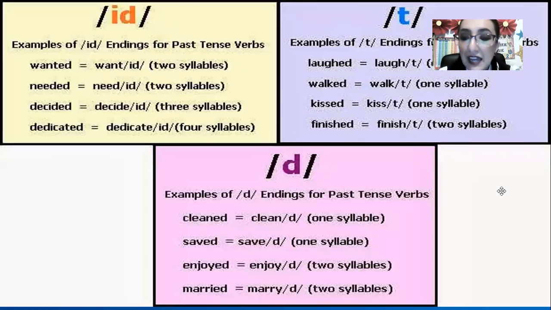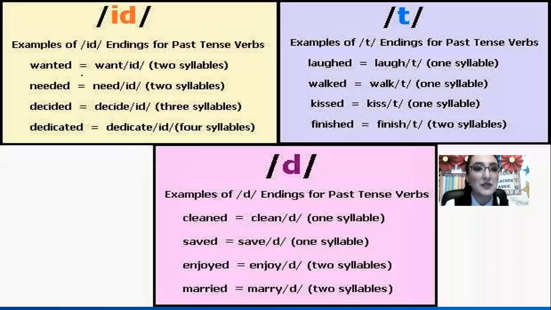Well, here you have some other examples with it ending for a verb in past tense: wanted, needed, decided, dedicated. Here the sound is the end of the verb before the ed, and we are going to divide the pronunciation into syllables.